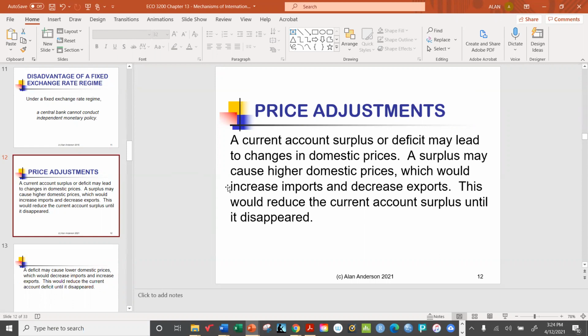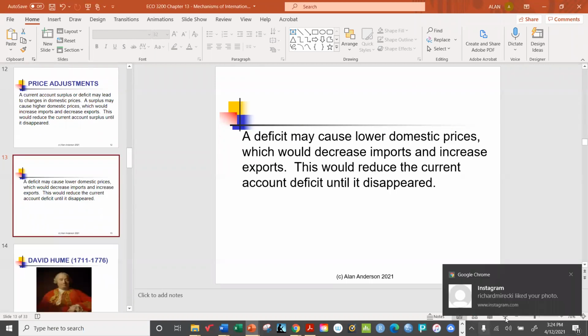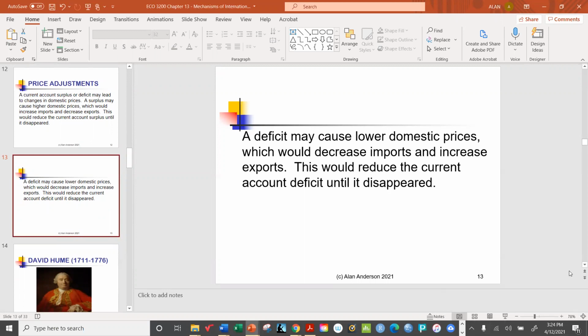Now, on the other hand, if like the United States, we have deficits all the time, which we do, the deficit may cause lower domestic prices, and that would decrease our imports, increase our exports, and what's going to eventually happen is that the current account deficit should shrink and disappear. Now, we know that that's exactly what's not happening.